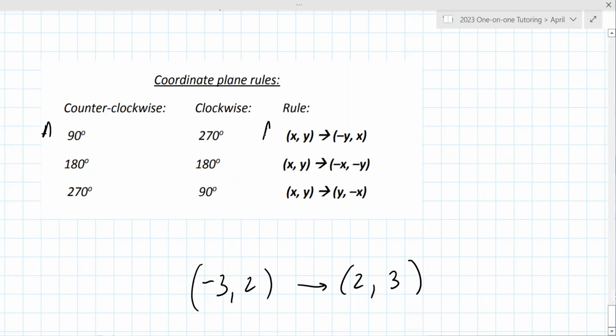A, B, or C? What's happening to the y value?